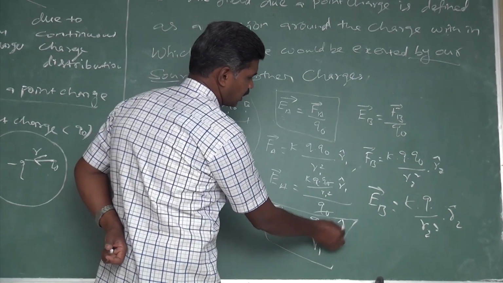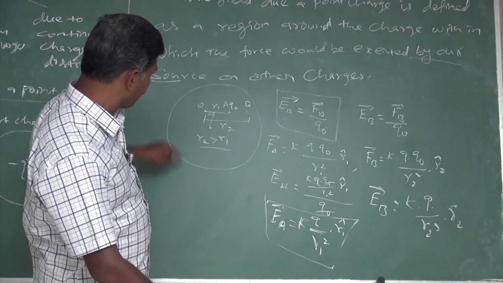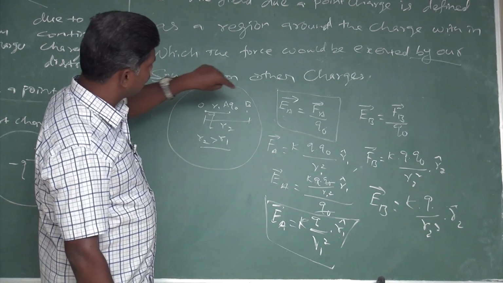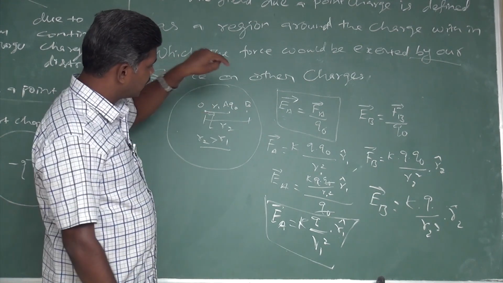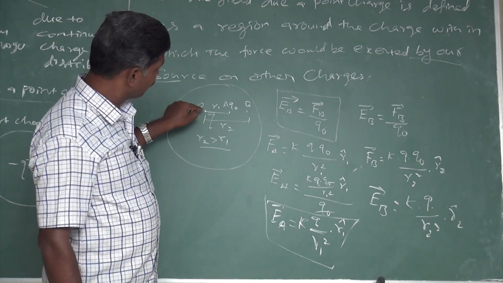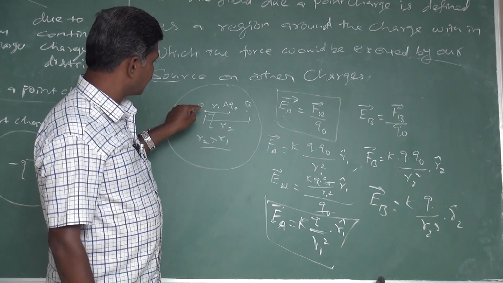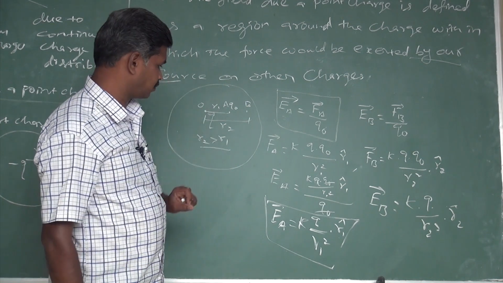R1 cap and R2 cap are unit vectors directed from O to point A and from O to point B respectively.